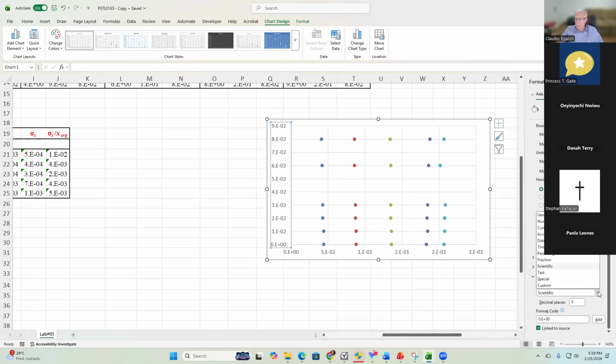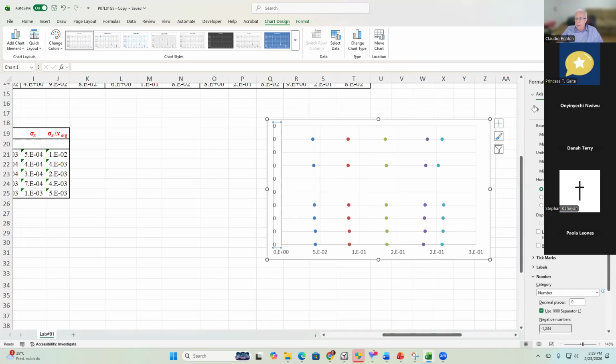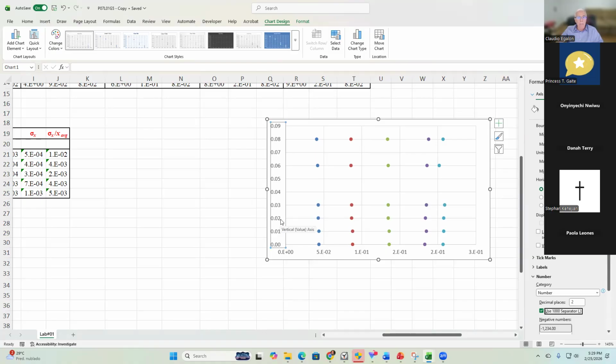I'm gonna put it as a numeric value, number. Oops, but then I have to put some decimal places there too, right? Let's put one decimal place. Let's see if we can see everything. No, we cannot see everything. We have to put 2 decimal places, okay? And now we have 0.01. That's all in meters, by the way. 0.01 meters is 1 centimeter. 0.02 meters is 2 centimeters, and so on, right?